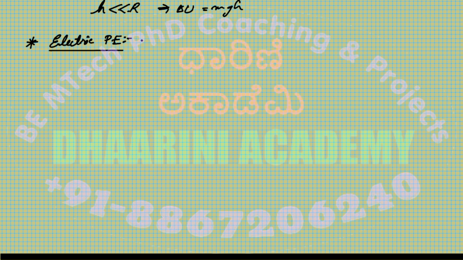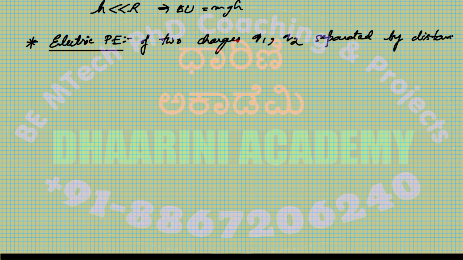So the electric potential energy of two charges, say Q1 and Q2, Q being the standard notation for the amount of charge, separated by a certain distance, say r, is given by, let's denote that as U, U is equal to some constant K times Q1 Q2 divided by r.